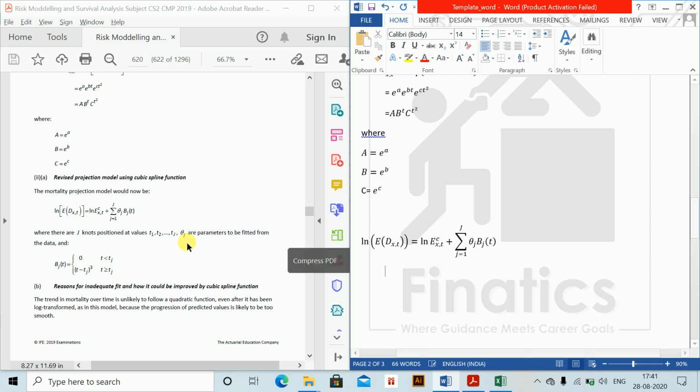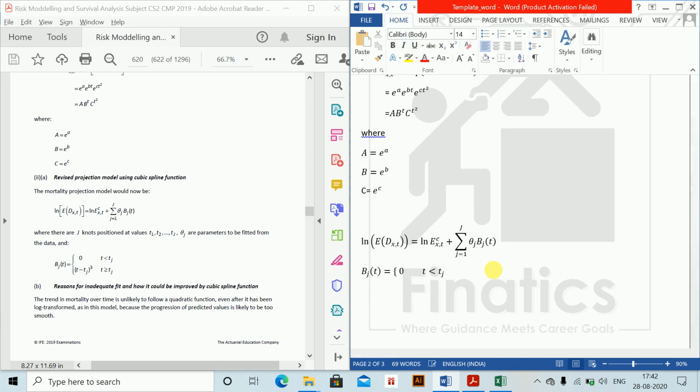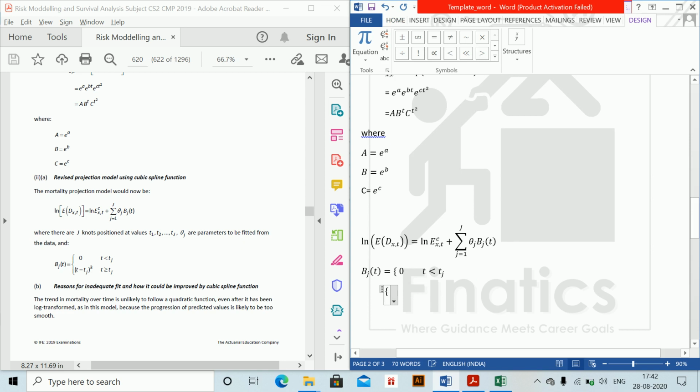Where j knots, positions t1, t2, are to be written, and then bj(t). So bj(t) is equal to 0 for t less than tj, and equal to (t minus tj) cubed for t greater than or equal to tj.